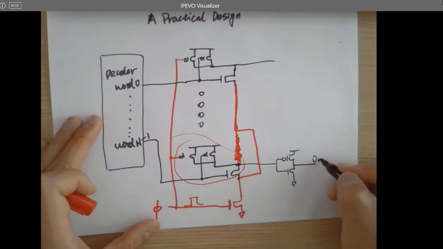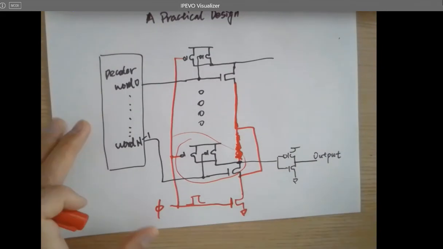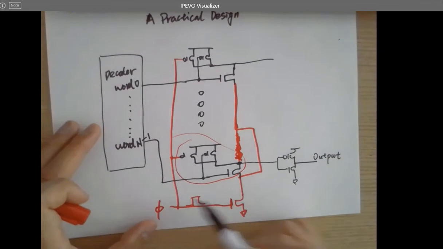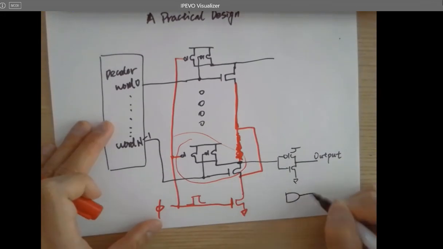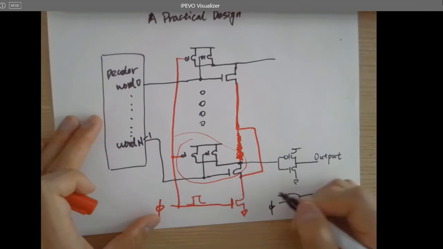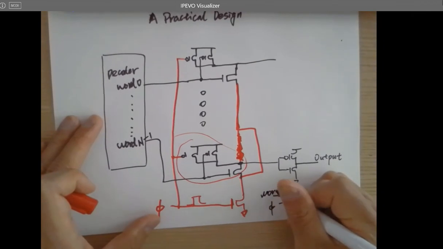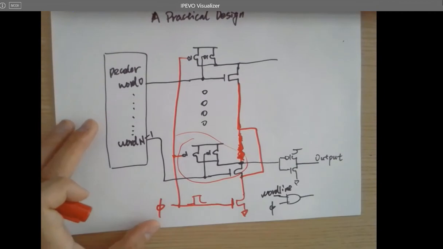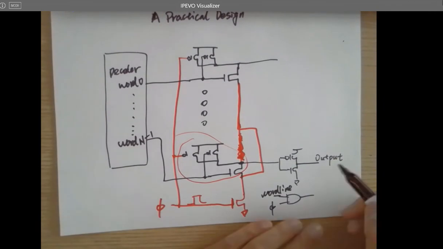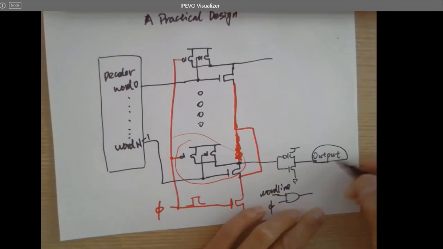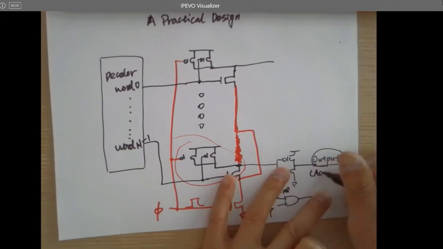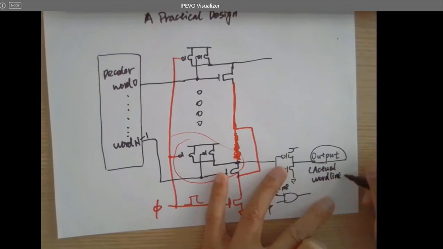So that's the final output. So here's an AND gate. That's an AND gate. You just have a clocked signal, and here's a word line. And this will be the actual word line used in an SRAM cell.